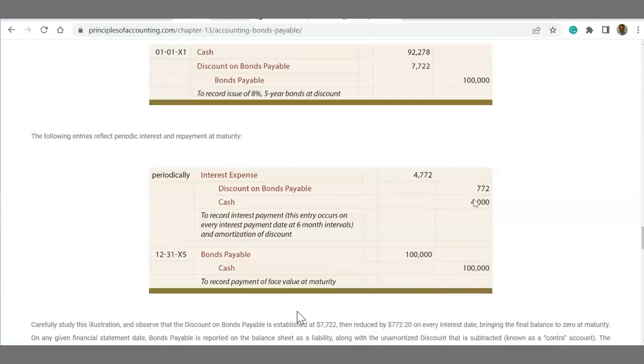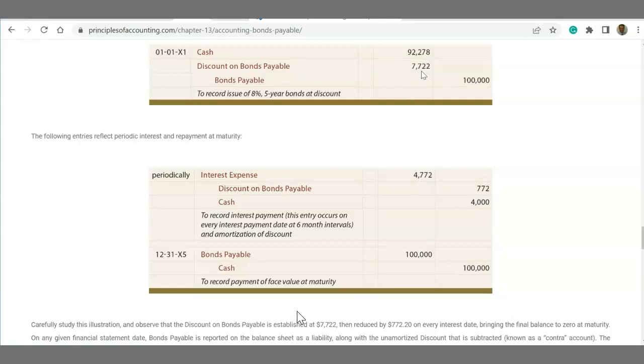So here I will recognize that I'm going to pay $4,000 no matter what, but I'm going to amortize my 7,722 divided by 10 using the straight line method, which I said is not accepted by GAAP anyway, but for now it's just to warm up. So it's 772 every 6 months. That's why my interest expense will be, instead of 4,000, $4,772.